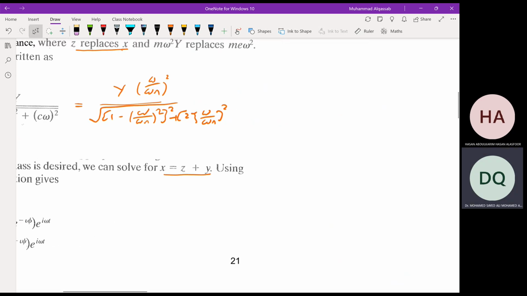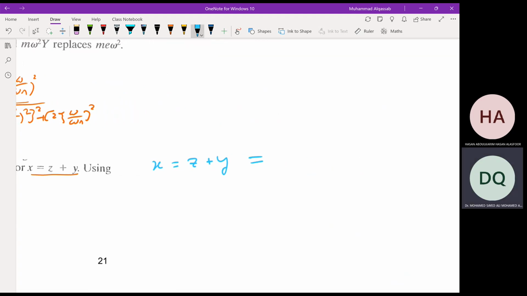You cannot simply add, but we have to bear in mind that x equal to z plus y. When you add them together, you will see there is a difference in phase. So you cannot add the amplitude of z plus the amplitude of y.